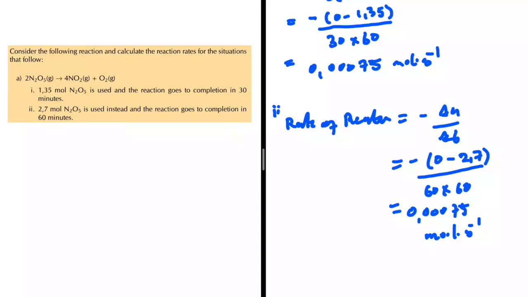Right. So these are just the basics. We're just trying to get ourselves comfortable with calculating a rate of reaction and answering these conceptual questions. Let's take it a step further. Let's see how difficult it can get. But rest assured, we are going to be able to do it. Let's go ahead and take a look.